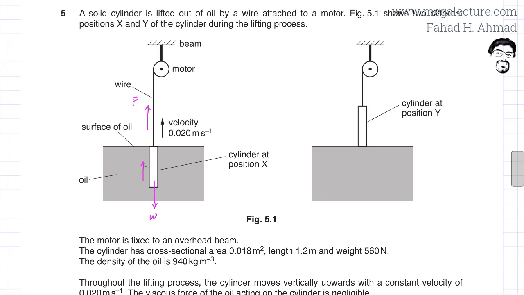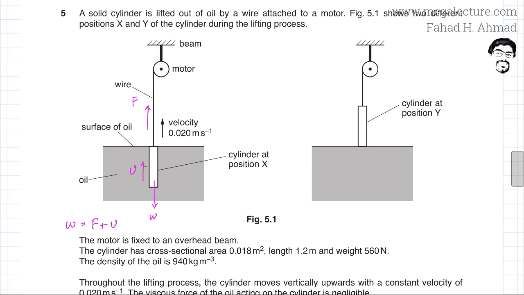So if I balance these forces, weight would be pointing downwards, the tension in the wire would be pulling it upwards, plus the upthrust of the oil is going to be pulling it upwards. Let's call that U. So W would be equal to F plus U, the upthrust of the oil.